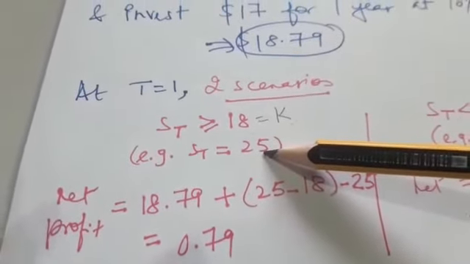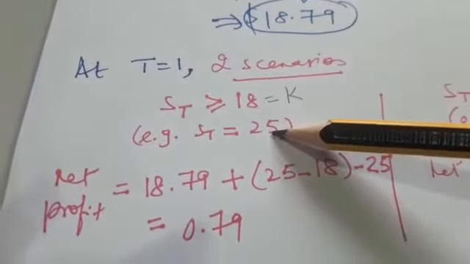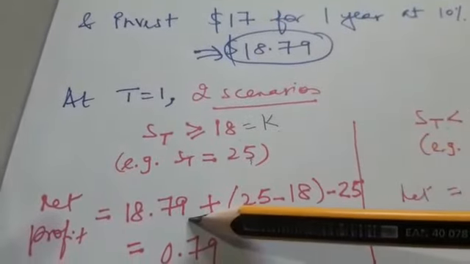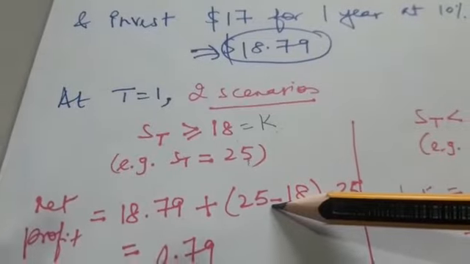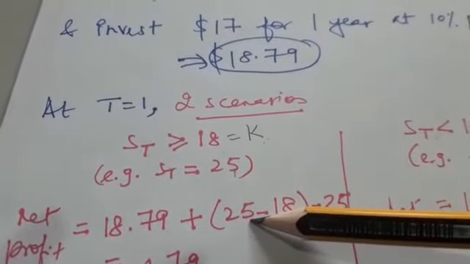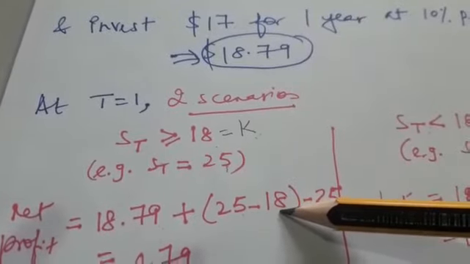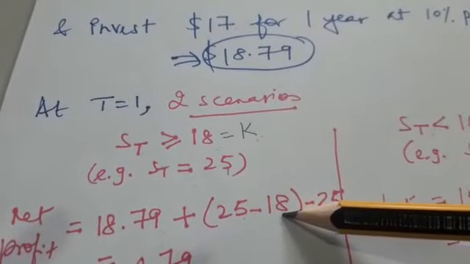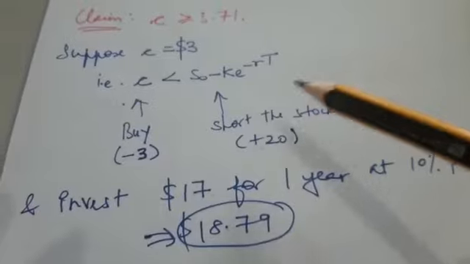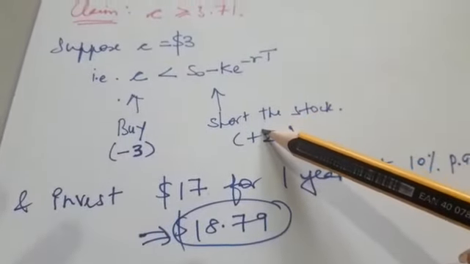So clearly here you're going to exercise the call option, and then your net profit will become how much? Remember, you've got 18.79 from that $17 you invested. Plus when you exercise a call option, you get 25 minus 18, because the stock price at the time of expiration is 25 and the strike price is 18. So you're buying at 18. But remember, in the beginning, in your arbitrage argument, you had borrowed some stock.